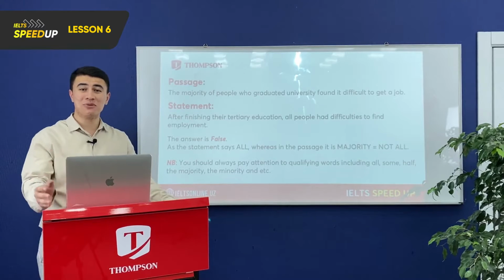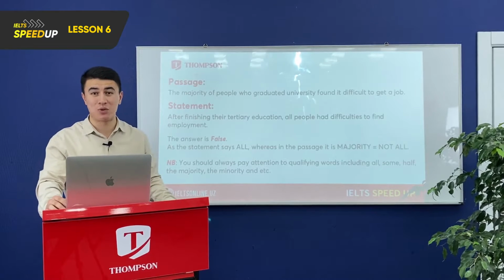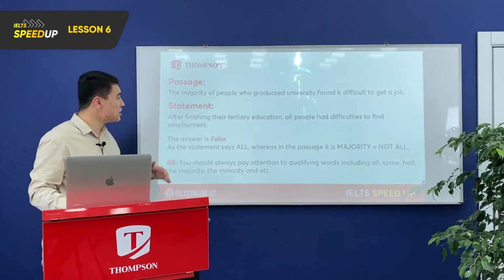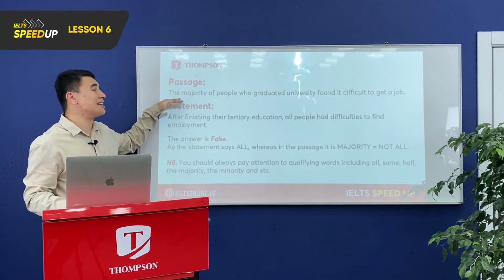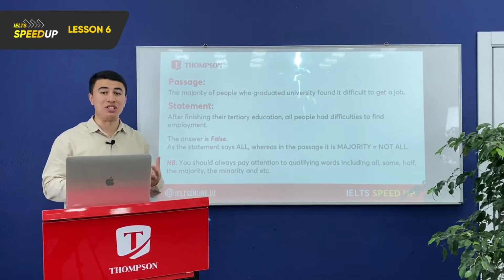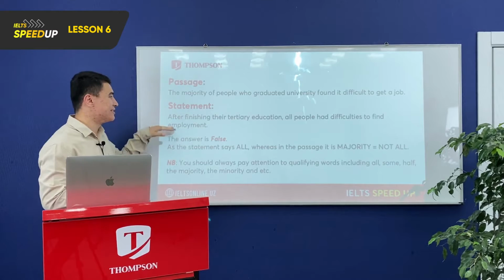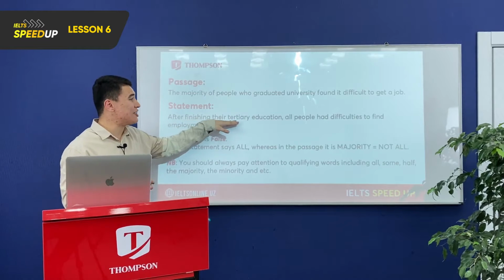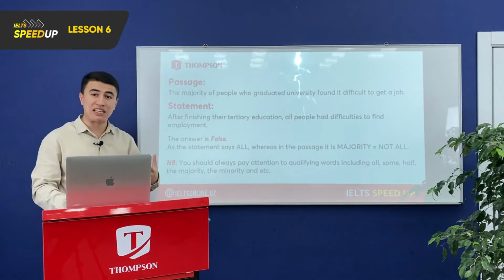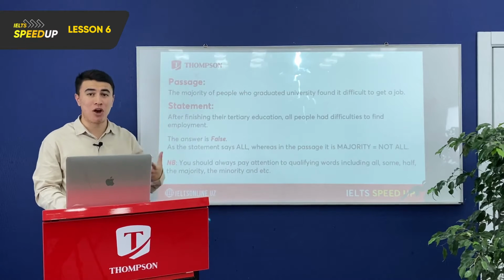Now, let's go through several sample questions regarding true, false, not given. Here we have a statement and information found in the passage. So first, we should analyze the statement. After finishing their tertiary education, all people had difficulties to find employment.